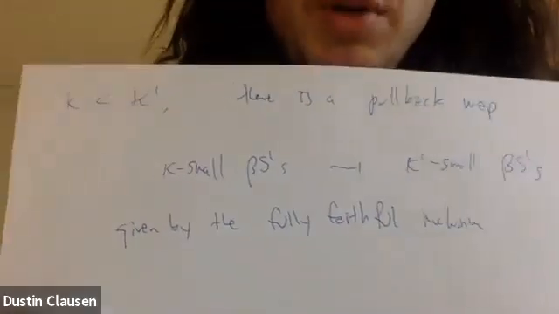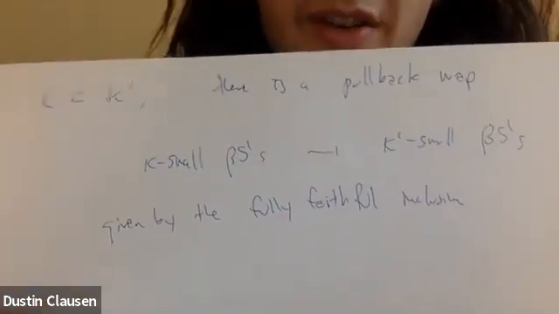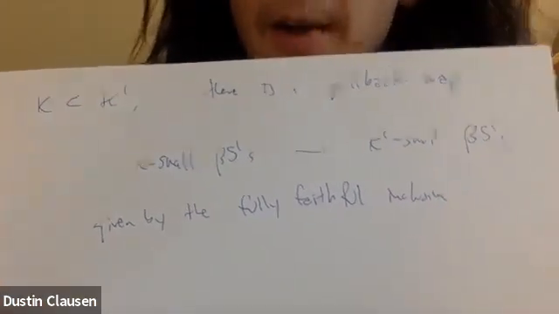By saying there's a pullback functor, I mean we have a morphism of sites in the opposite direction, in the sense that Peter described in his notes. But this gives then a pullback functor from kappa condensed sets to kappa prime condensed sets. And this is also fully faithful.